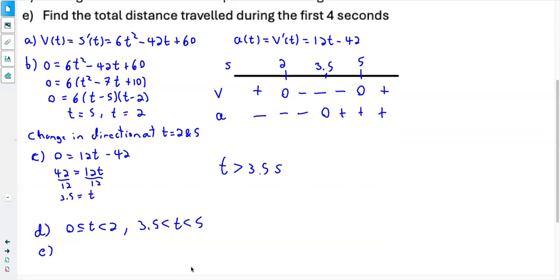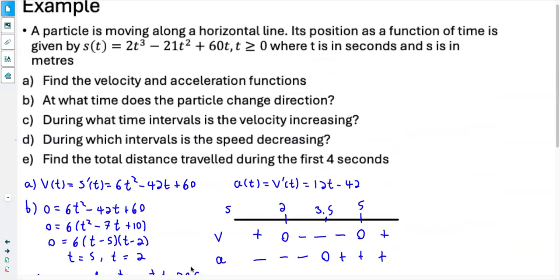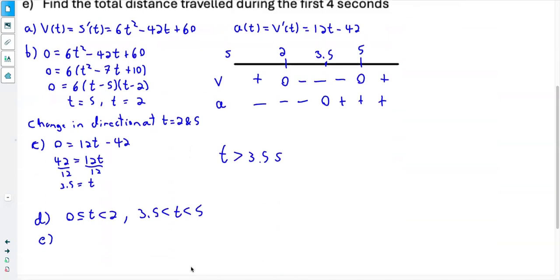So we are going to start out with our formula. So we've got S of t, or S at t, is equal to 2t cubed minus 21t squared plus 60t.